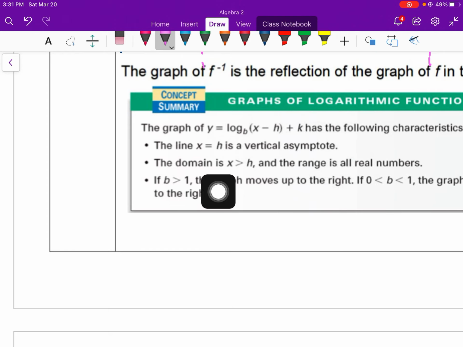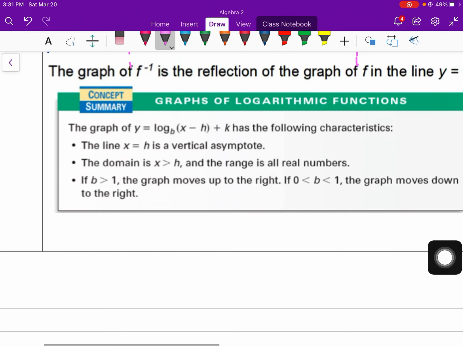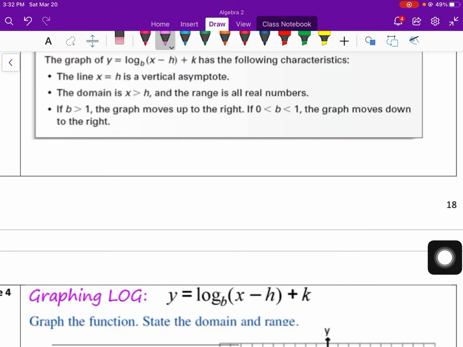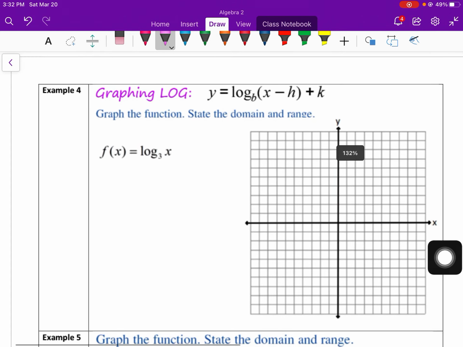And we'll show that while graphing. The domain is x greater than h, and the range is all real numbers. So you can see how with the inverse relations, things kind of switch, because x was all real numbers for the domain, and y was greater than k, so that's where the inverse comes in.